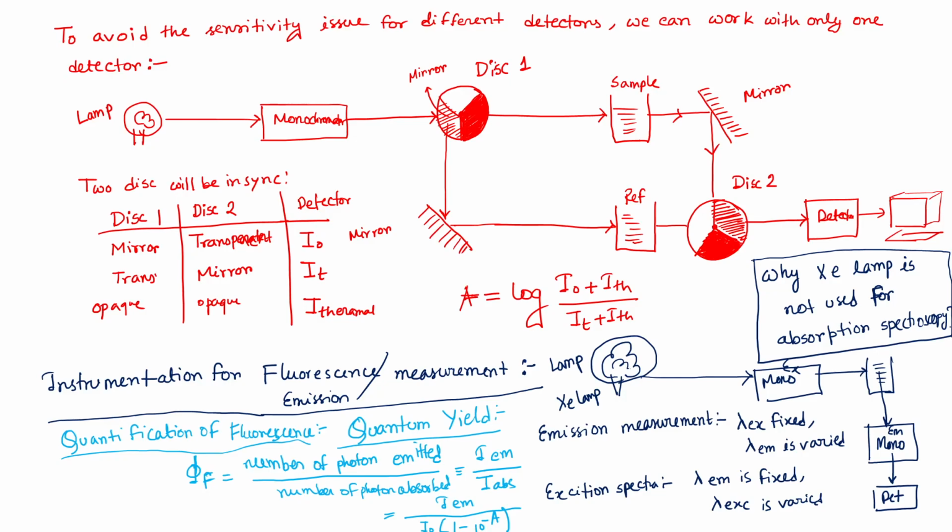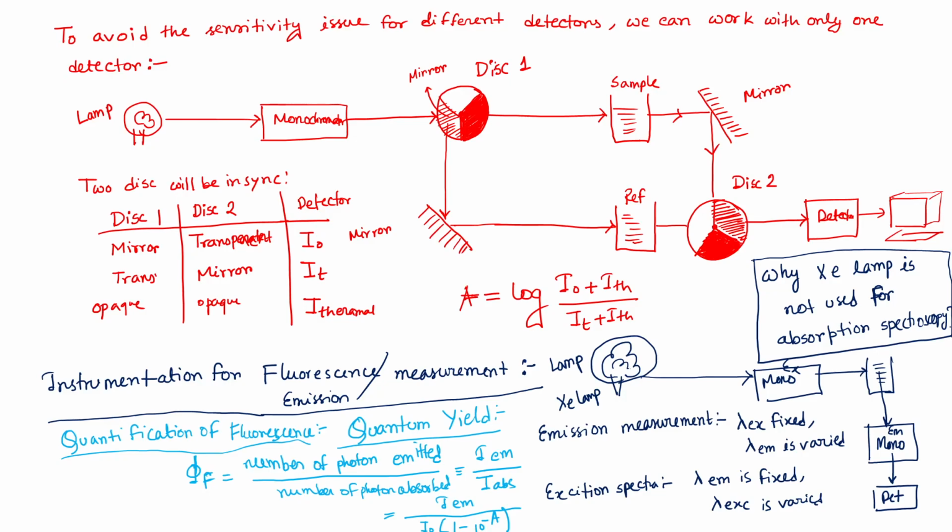We can calculate quantum yield by two methods. One is the absolute method, and another is the reference method. In the reference method, we take a standard dye and record the spectra, and for the standard dye the quantum yield is already known, and we use a formula. The formula was already taught in the lecture, so please refer to the lectures.